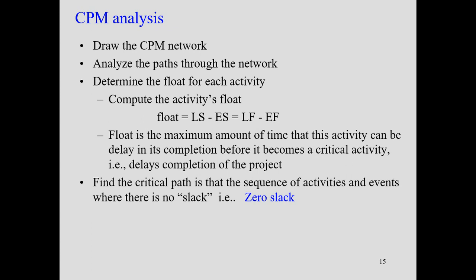Such activities are called critical activities, and the path that is formed by these critical activities is called the critical path. The length of the critical path is equal to the total project duration, and it is called critical because if you delay any of these critical activities, the whole project will be delayed.